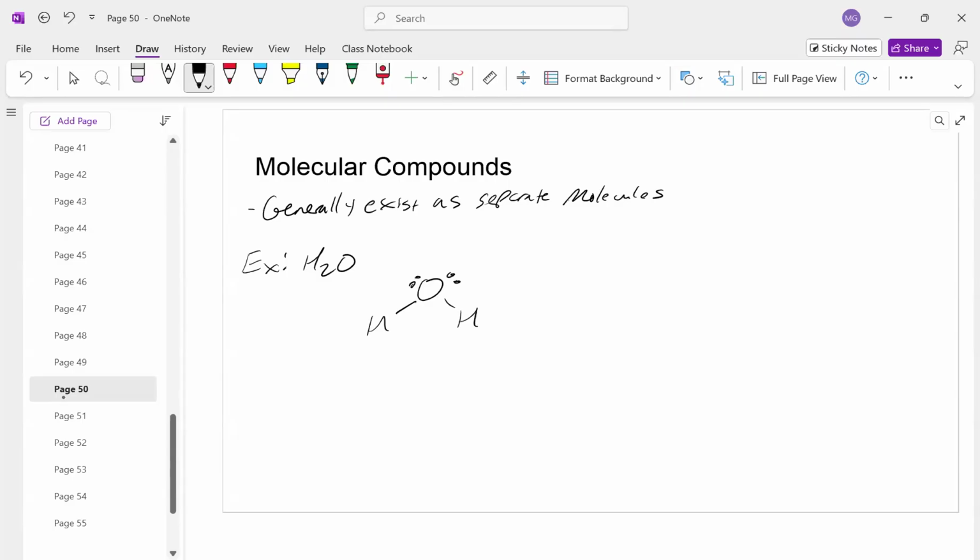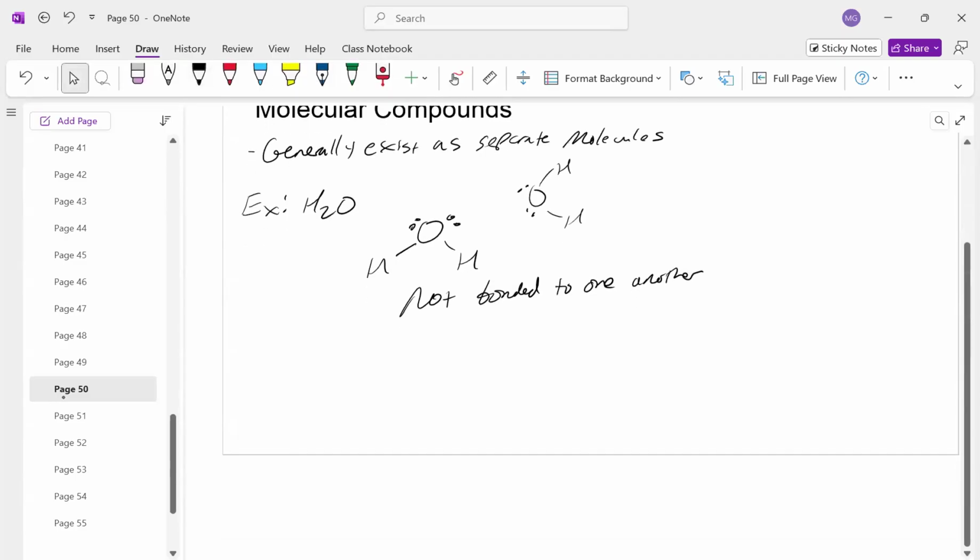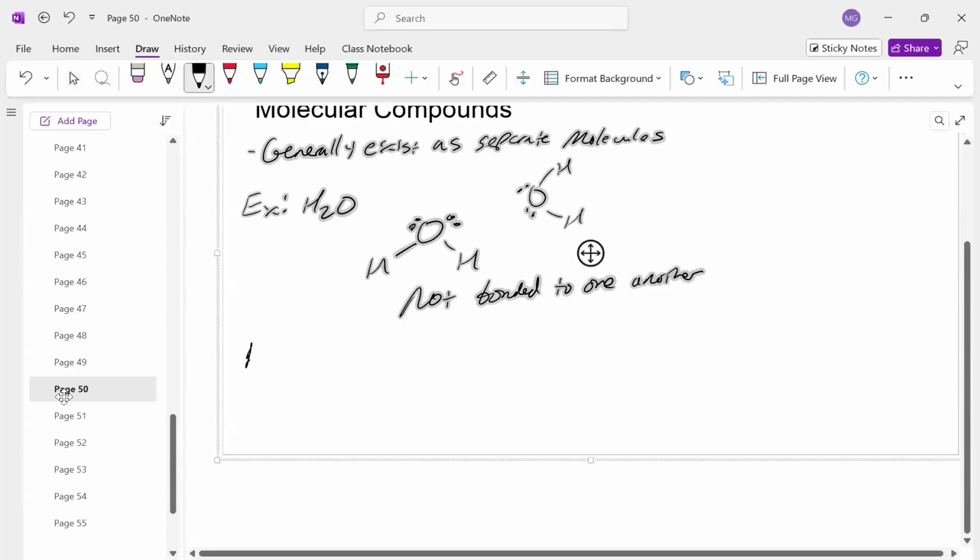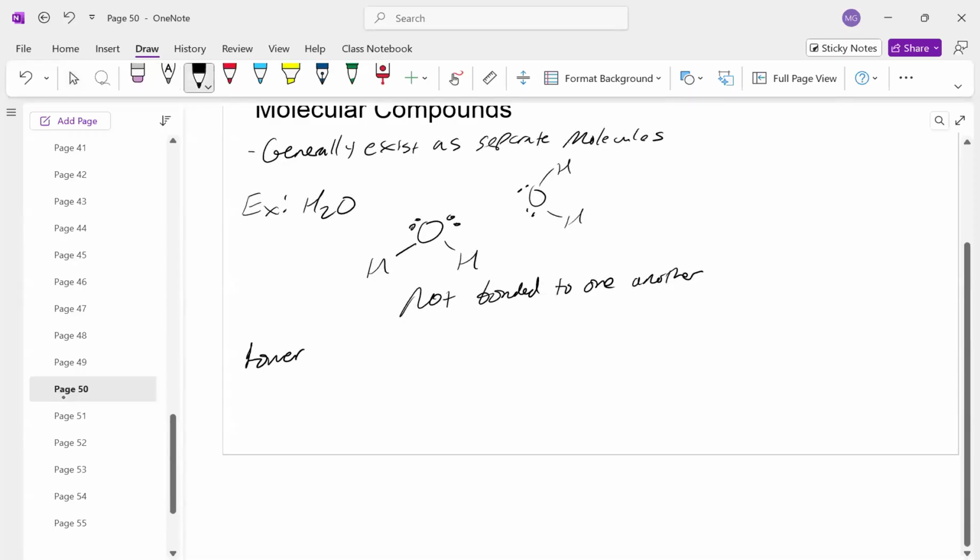They'd be floating around and maybe bump into each other. Sometimes they might get closer or farther away, but they're not bonded to one another. And because of this weak interaction, molecular compounds tend to have lower melting points and boiling points than ionic compounds.